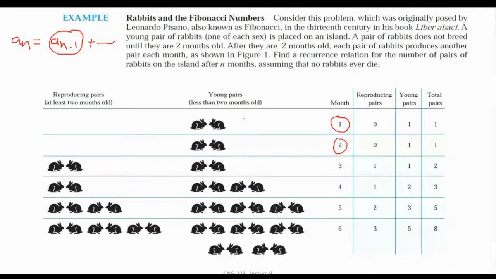So in the first month, we have a pair of rabbits. Let's call it pair 1. Then in the second month, we have the same situation because, as we mentioned, they cannot have children until the 3rd month. So still they are the same rabbits. And in the 3rd month, they will have babies. So here you can see in this column, we consider these rabbits are at least 2 months old.